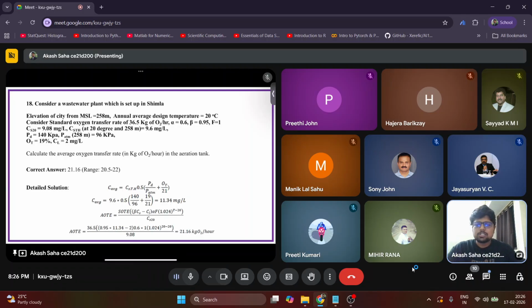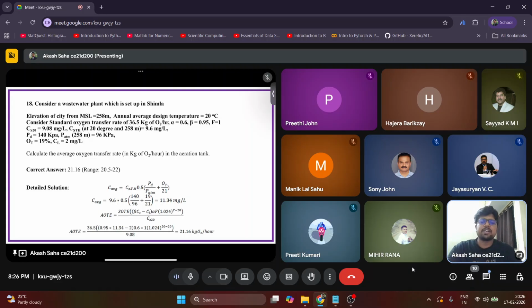First we will calculate the average concentration of oxygen. That is equal to the standard concentration times 0.5 divided by PD by PATM plus OT by 21.